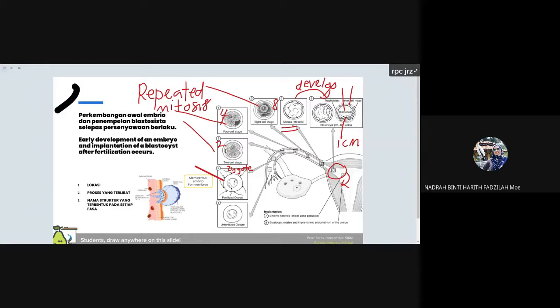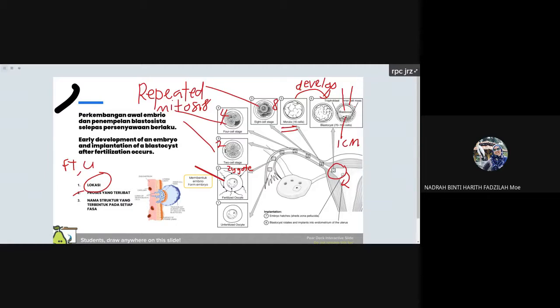So in terms of location, kita nyatakan kat situ organ yang terlibat ialah fallopian tube and also uterus. And then processes that are involved are mainly mitosis and development. Mitosis dari zygote, repeated mitosis sampai membentuk morula, and then the morula will develop to form blastosis.